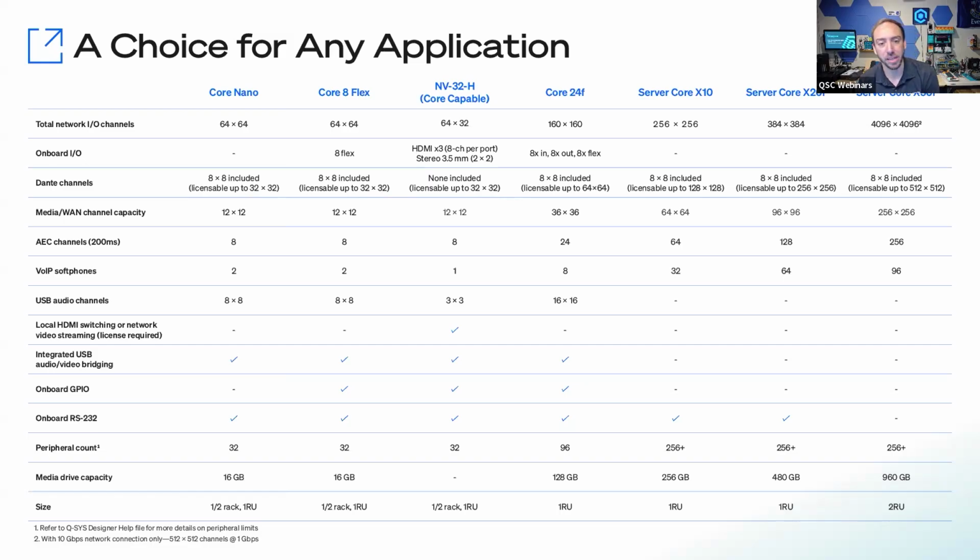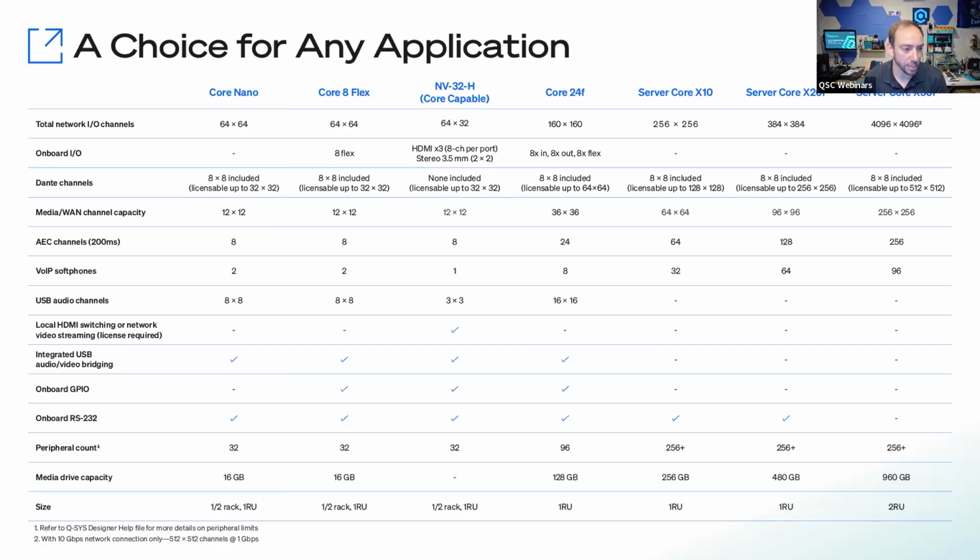And any AES-based transport. So AEC channels, like Core 24 has 24 AEC channels. All of the small cores have 8 channels of AEC. So the Core Nano, the 8 Flex, and the NV32. The Core Nano and 8 Flex do have a scaling license still.